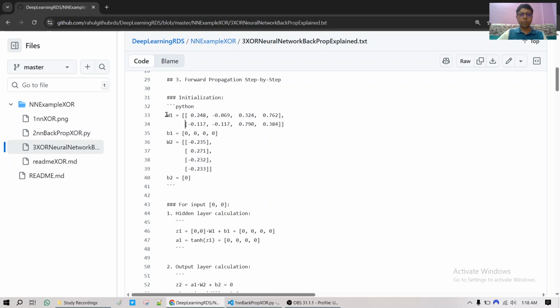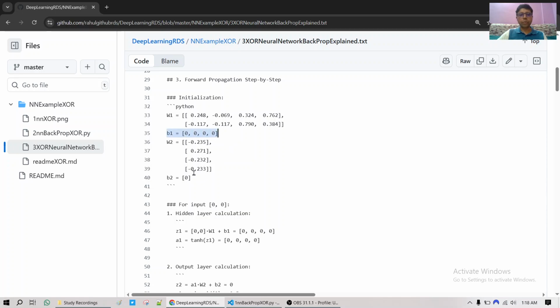We provide a weight factor, the weightage for each of the input, right? And this is the weightage W1 for the hidden layer, and the weightage for the bias.